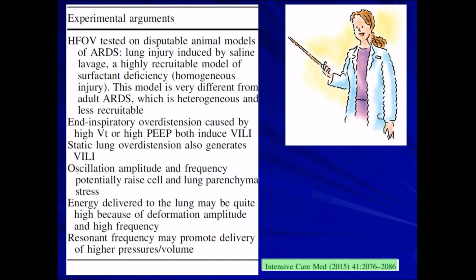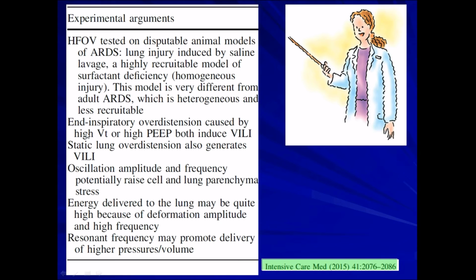We have patients with pneumonia, with infection. So the lung will be more recruitable in these animal models. Whatever is applied to these animal models may not necessarily be applicable to ARDS patients in real life. It's very different from adult ARDS, which is heterogeneous and less recruitable. The recruitability is different, and the heterogeneity is different.